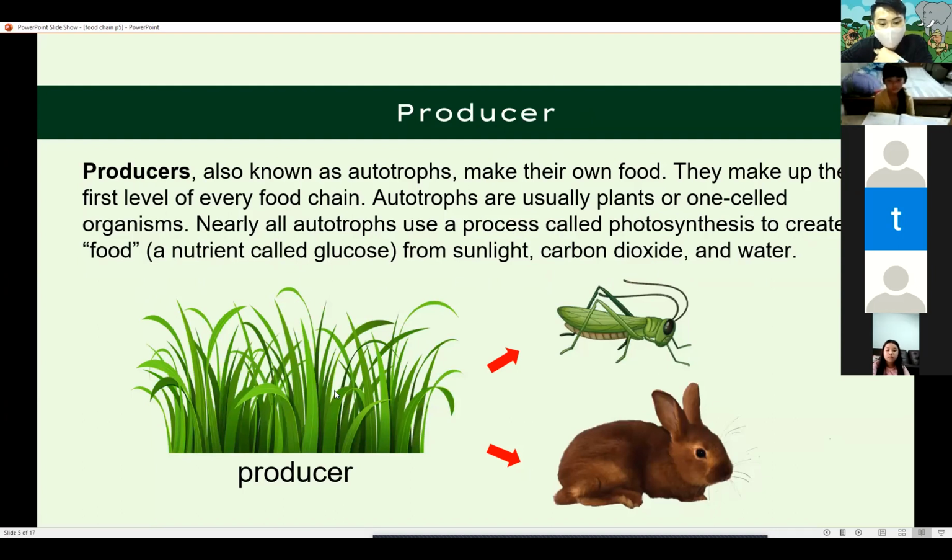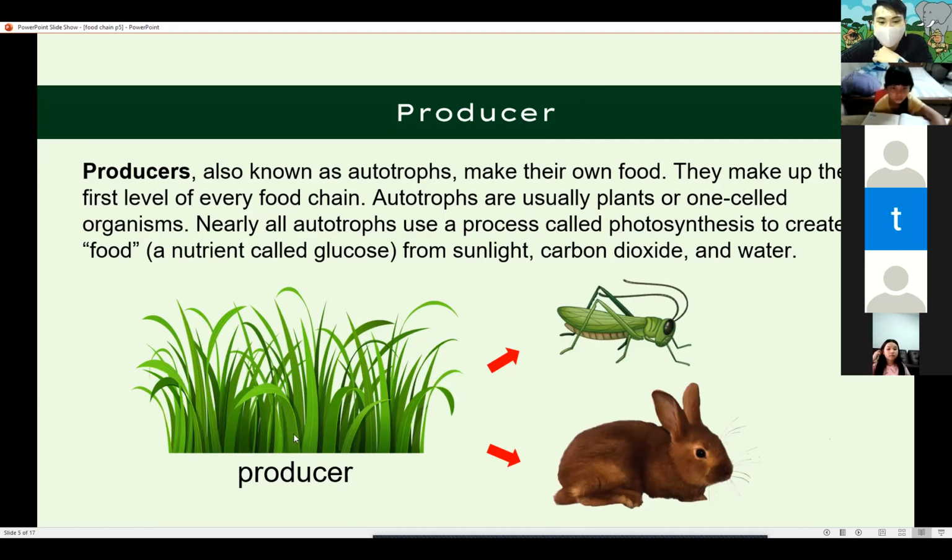So plants, we all know that plants don't eat animals, right? Am I right? Yes or no? Yes. Okay, so what is the food of plants? Can you tell me? What do plants eat?